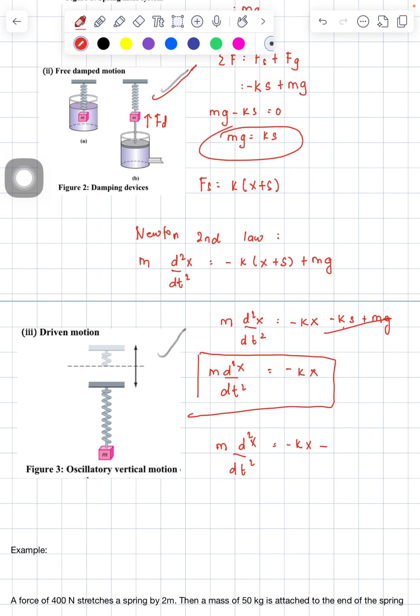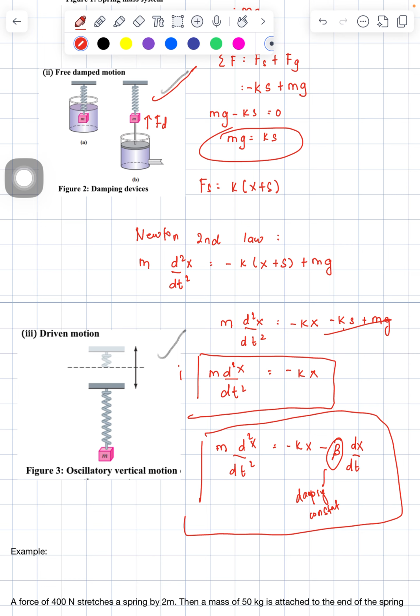Our FD is beta dx/dt, where beta is the positive damping constant. This is for the second condition. The first one was free undamped motion, and this is the second one, free damped motion.